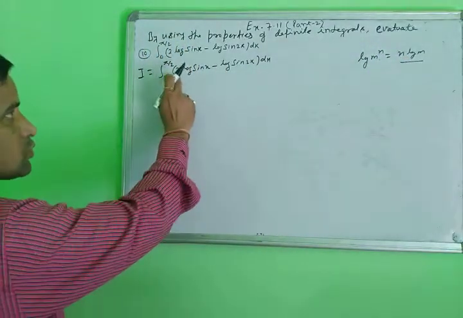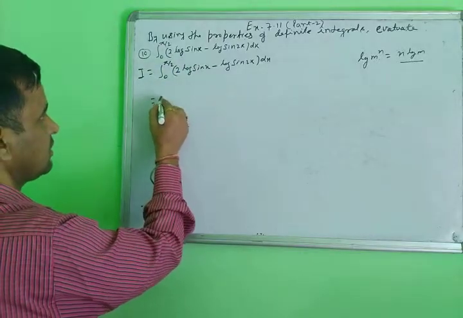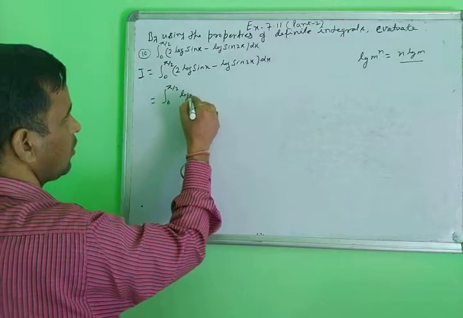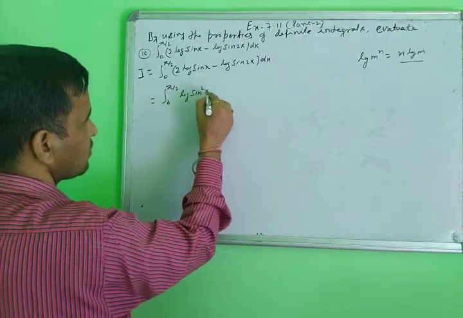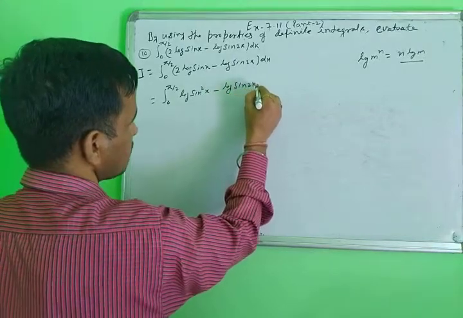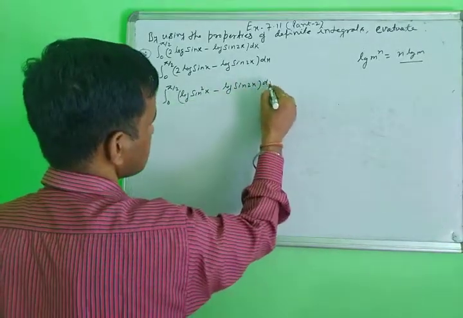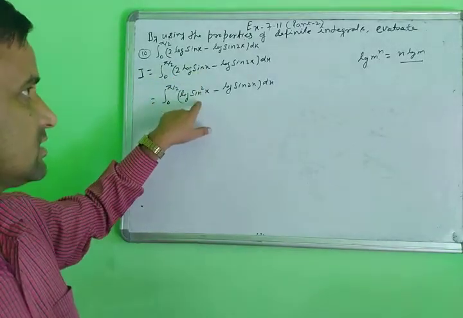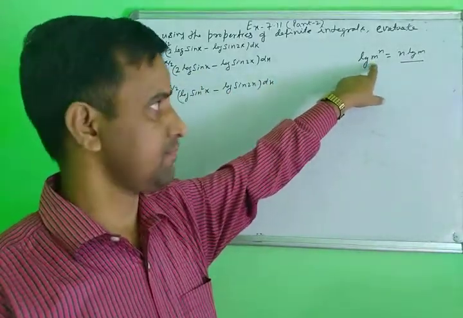Here, this 2 log sin x you can convert to the integral from 0 to pi by 2 of log sin square x minus log sin 2x dx. This 2 is converted into sin square x with the help of this property.